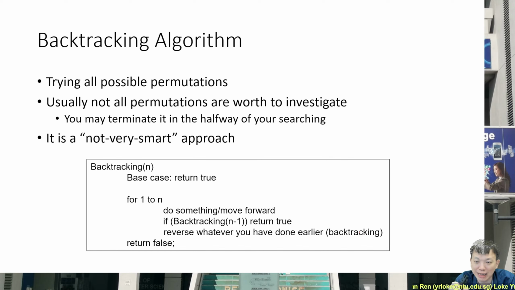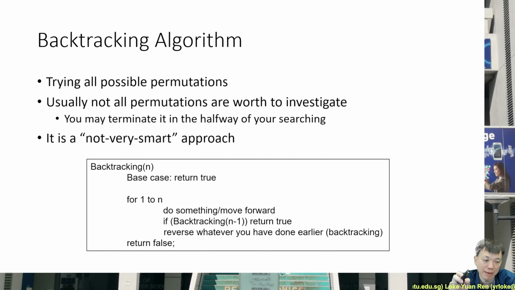That's why in the end I conclude it's not really a very smart approach, but it is a little bit smarter than really brute-forcing all the permutations, because you can eliminate halfway through checking. Halfway, you can terminate your search for certain permutations.